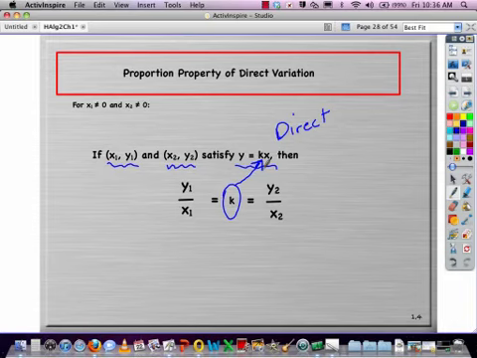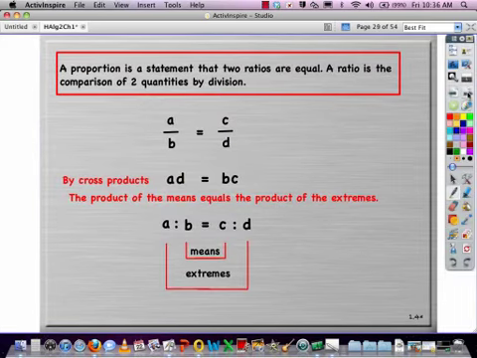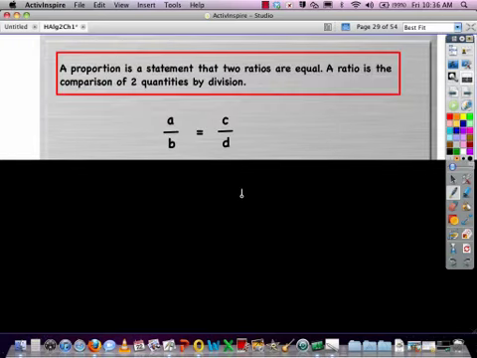And in doing that, we should also review how we solved proportions in Algebra 1. A proportion is a statement that 2 ratios are equal. A ratio is the comparison of 2 quantities by division.